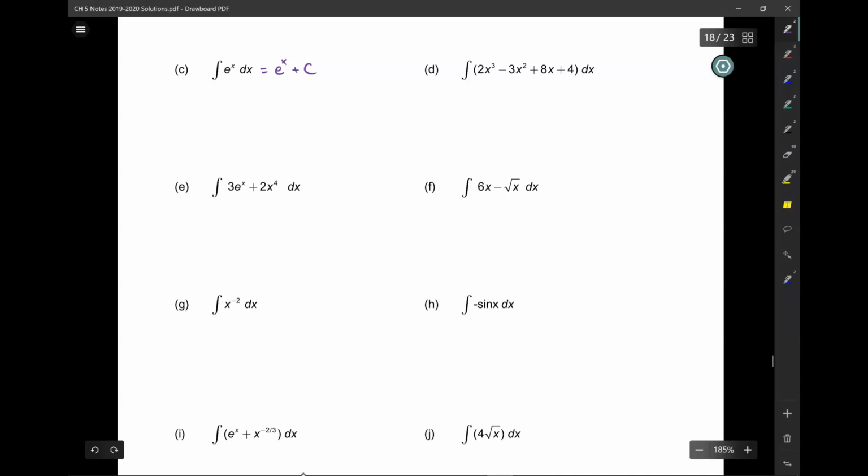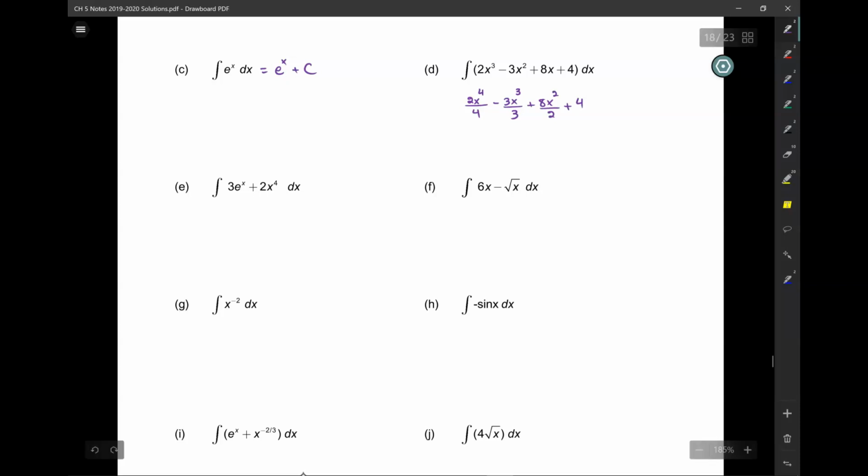So this one here, we have something minus something plus. So just like when we were finding derivatives, we did each term on its own. Here too, we're just going to do each term on its own. So the first term, it's going to be 2x, add 1 to the exponent, divide by the new, minus 3x, add 1 to the exponent, divide by the new, plus 8x squared, divide by the new, plus 4.